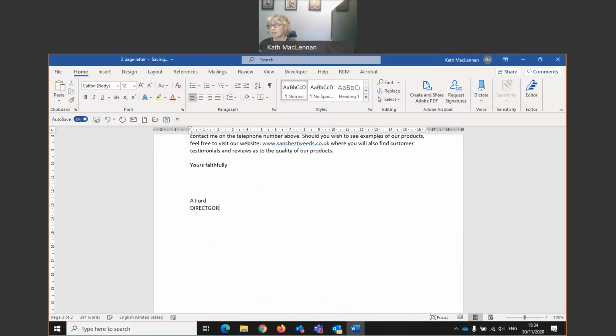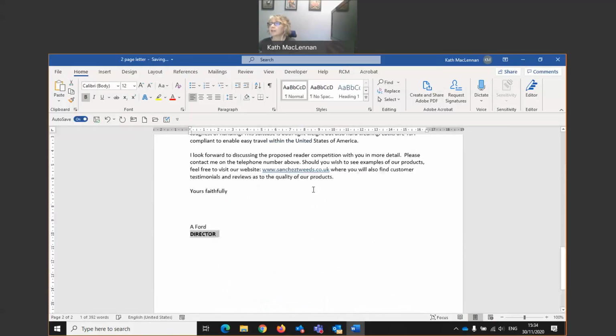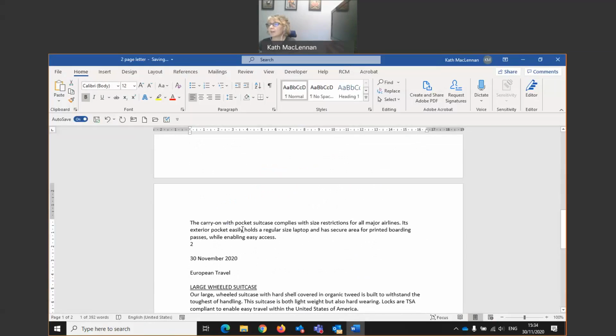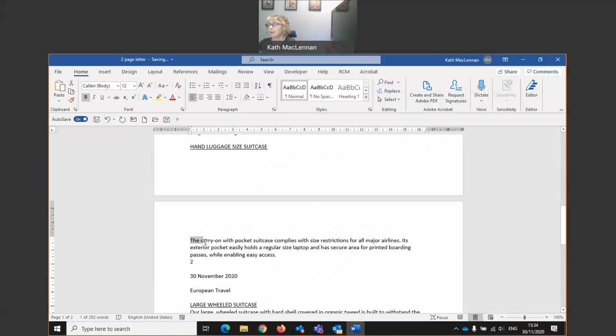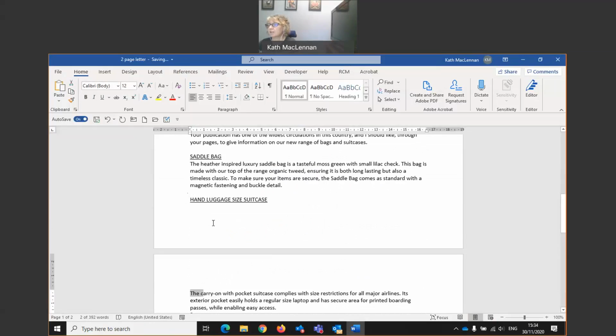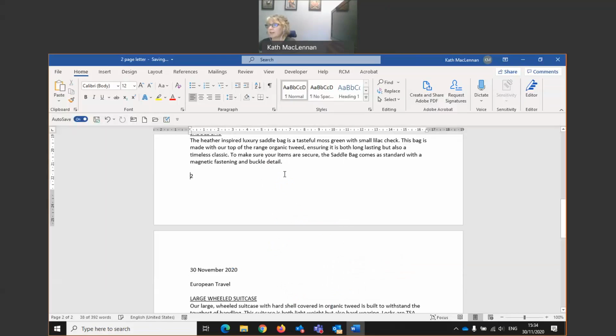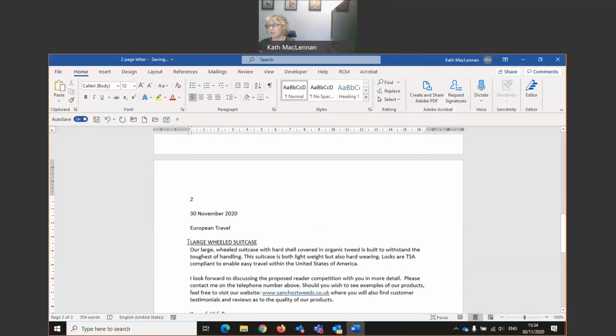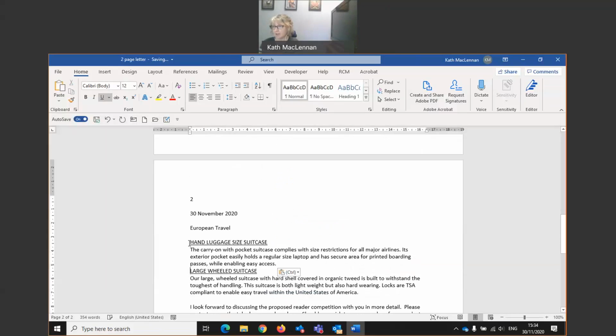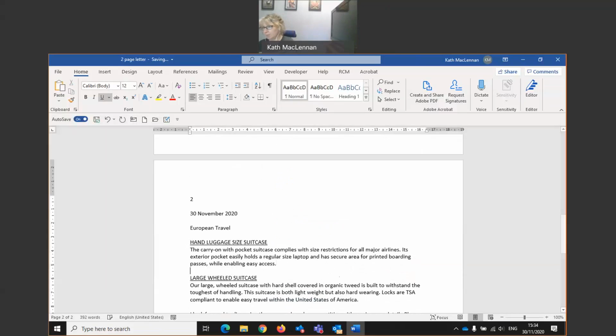Capitals, bold. And as we can see, our letter has now jumped. So I'm going to cut that information, press Control and Enter, which forces a page break, and I will make sure that I have this information here. There we go, 2 enters between paragraphs.